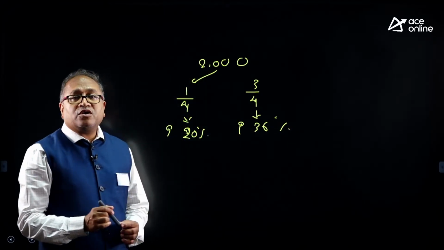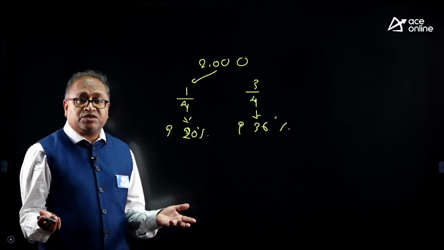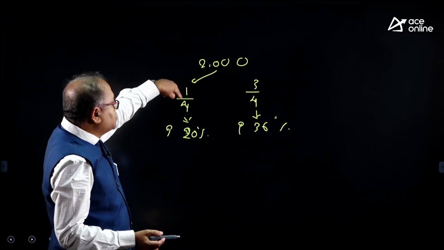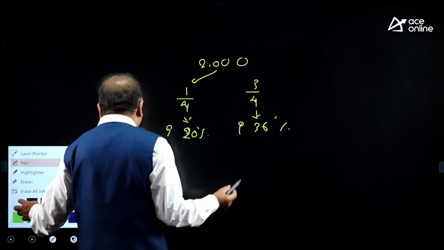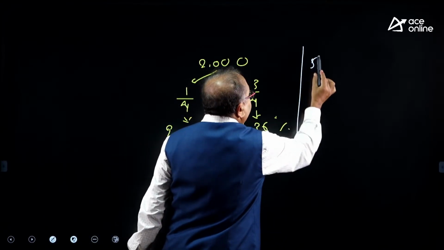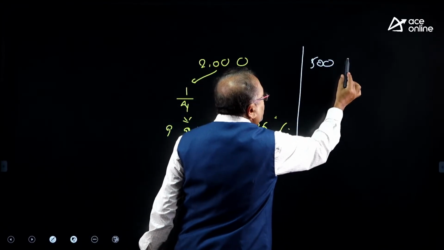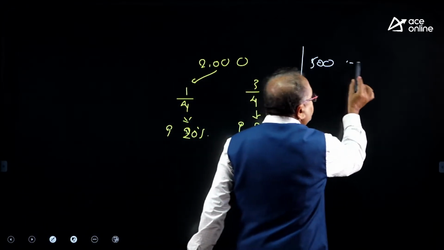What is the overall profit? The general approach and then the very specific approach. What is 1/4 of this? 1/4 of this value is 500. Here on 500 he is making a profit of 20%, and that is nothing but 100.